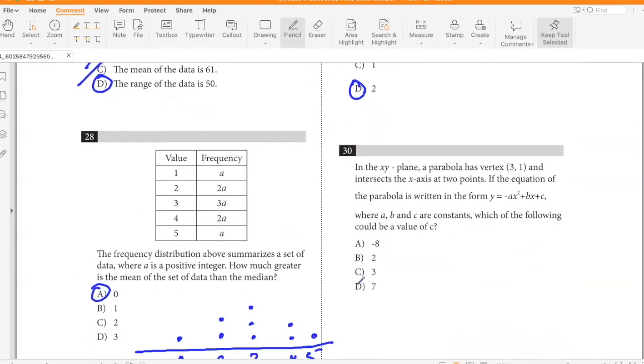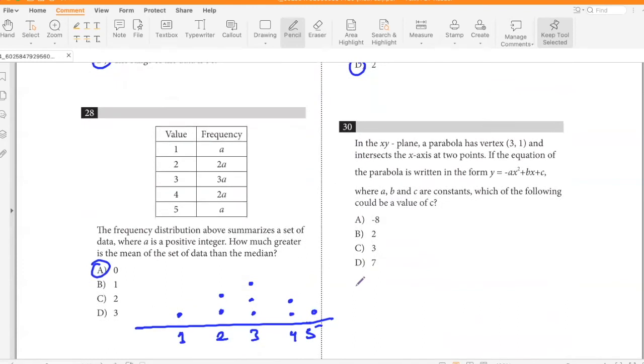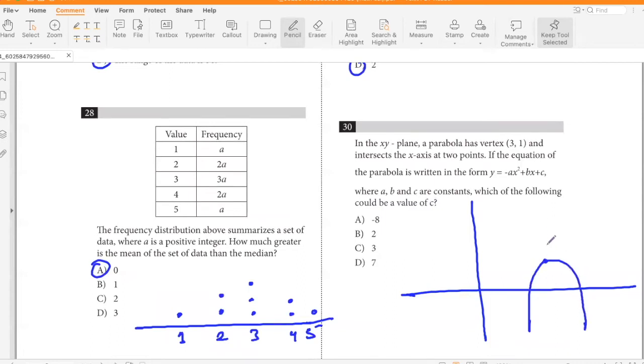In the xy plane, a parabola has vertex (3, 1) and intersects the x-axis at 2 points. Okay. If the equation of the parabola is written in the form y is equal to minus ax square plus bx plus c, where a, b, and c are constants, which of the following could be the value of c?